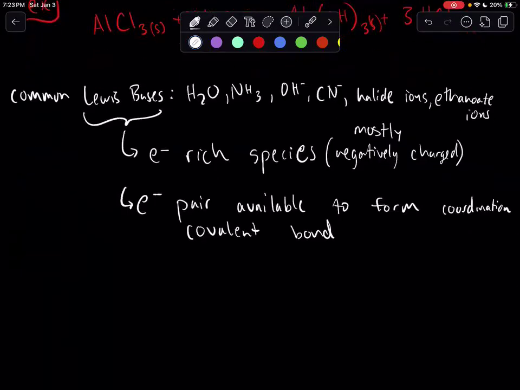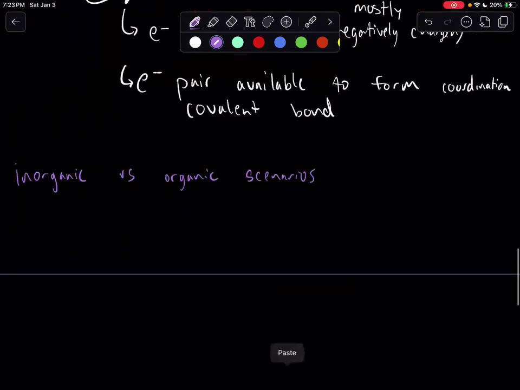So when we look at Lewis acids and bases, we generally have two scenarios that we're looking at. So we'll generally look at them in inorganic versus organic scenarios. So starting with inorganic, because we've already explored that a little.